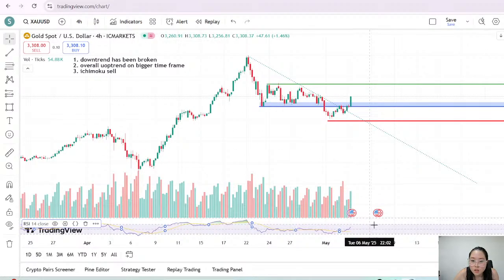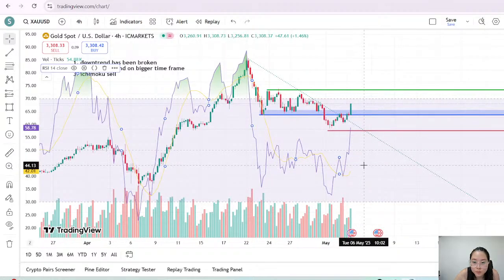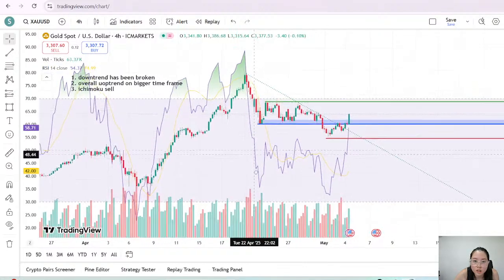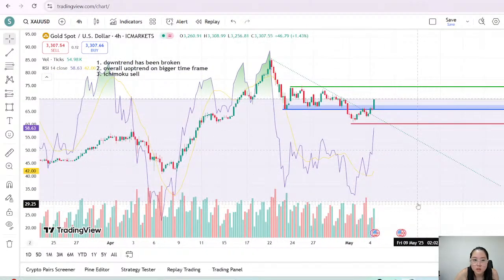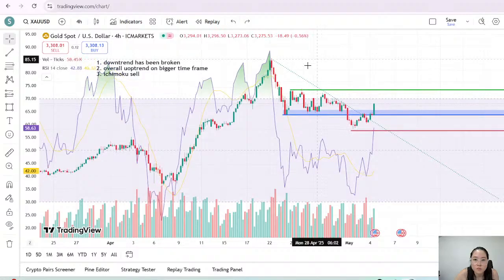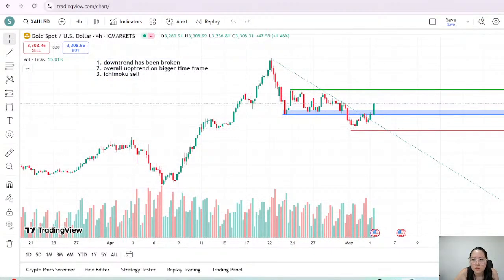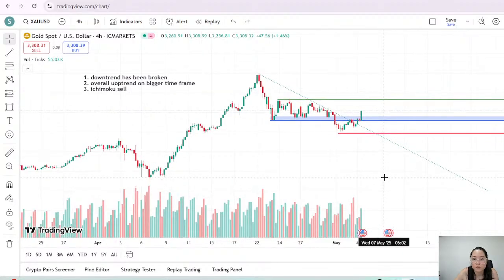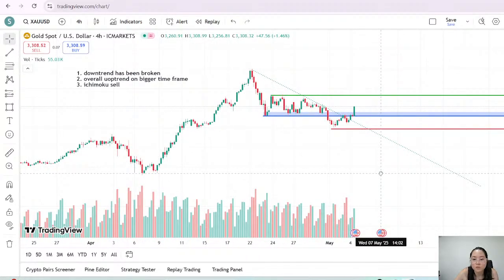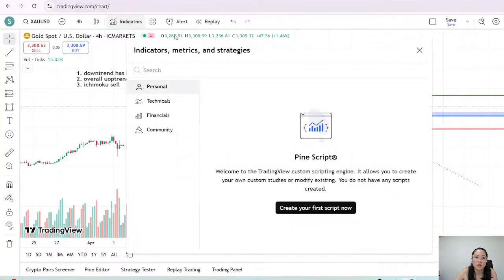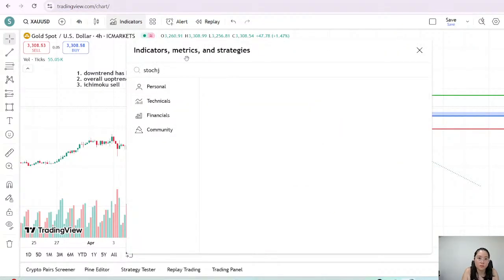Let me see what RSI is showing. I mean, it's technically showing an uptrend. Give me a sec. RSI, stochastic.